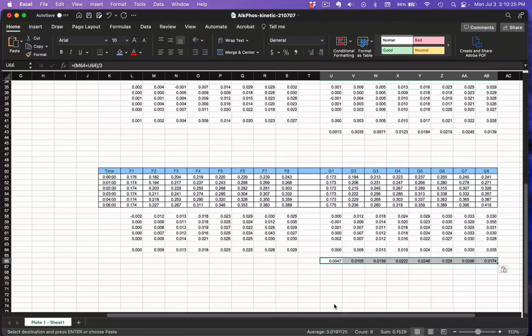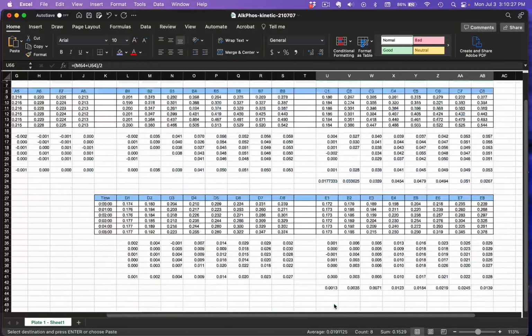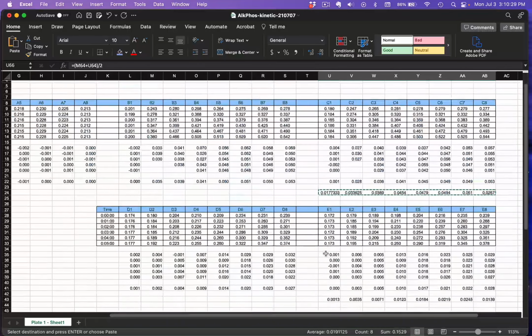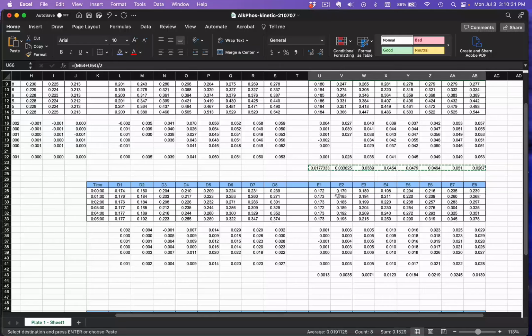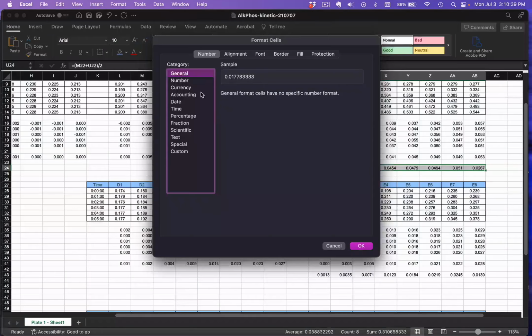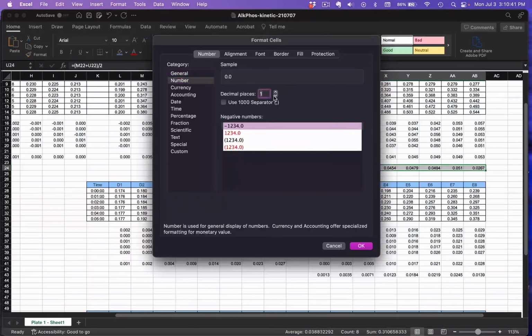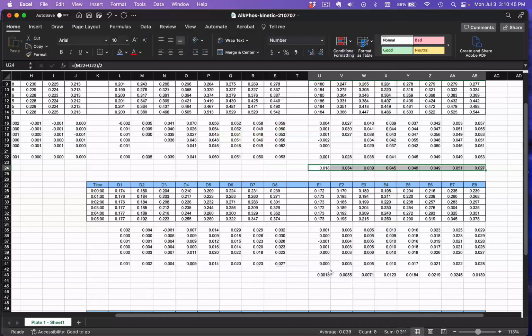So now the one other thing I want to do is basically make this only 3 decimal places. And this one's probably fine, but I'll do it there as well.